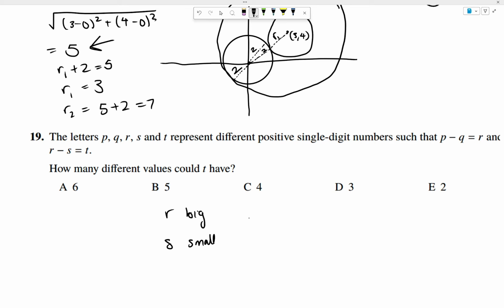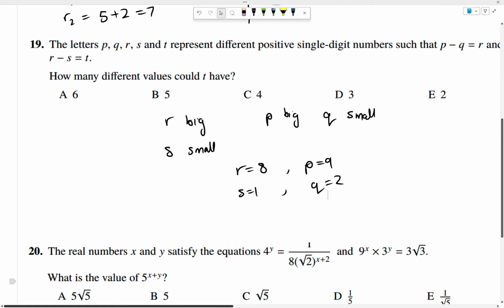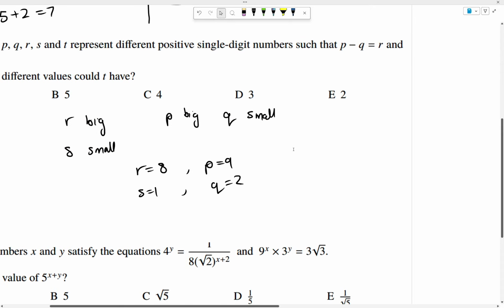So for R to be big, we're going to have P big and Q small. So we have two big numbers, and the biggest single digit numbers are 8 and 9, and the smallest single digit numbers, which are positive, are 1 and 2. And we're going to have to look at different combinations of these small and big numbers.